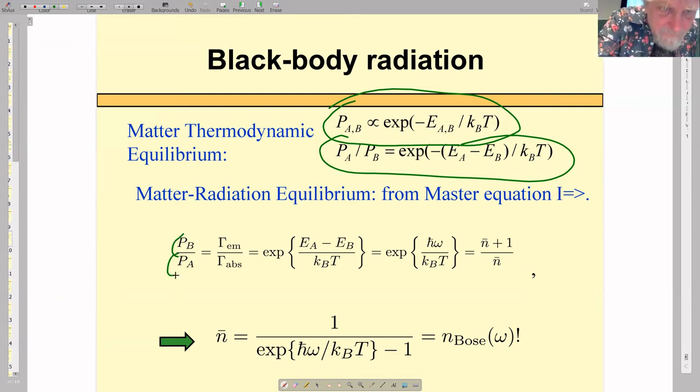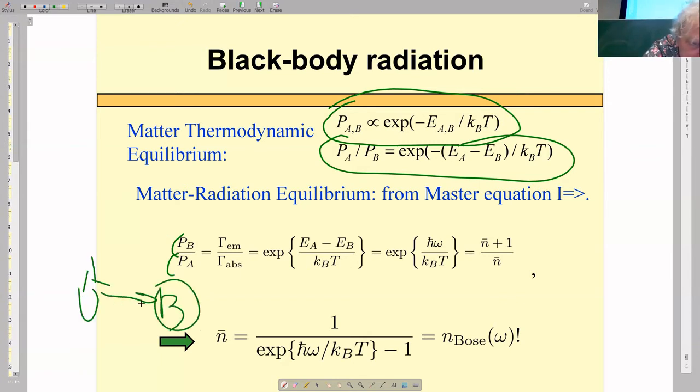The ratio of two probabilities is the same as the ratio of two rates. That works for two states. So A, B, emission, absorption, the ratio of probabilities is just the ratio of the rates.